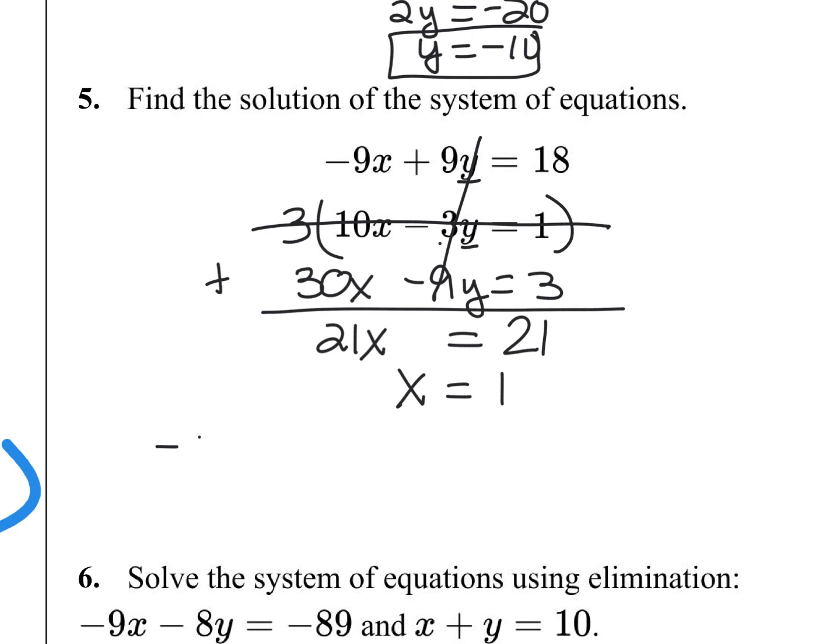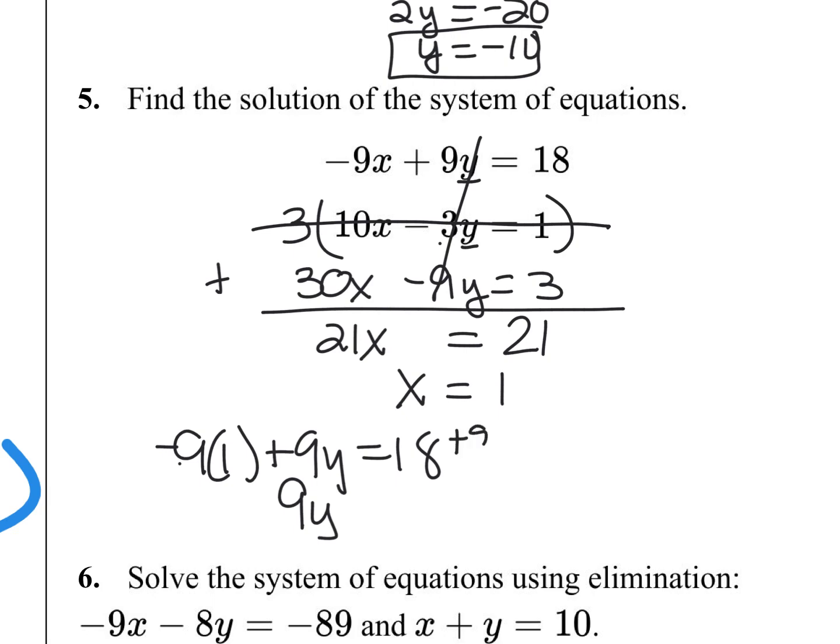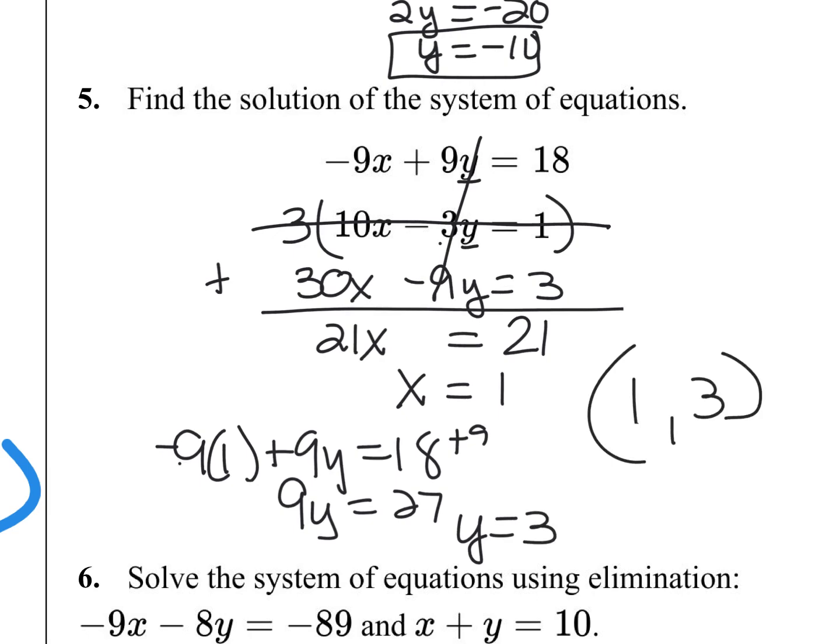So I'm going to substitute x with 1 and solve for y. So it'll be 9y. This would be -9, so I'm going to come over here and add 9. So 27, so y equals 3. So my solution is 1, 3.